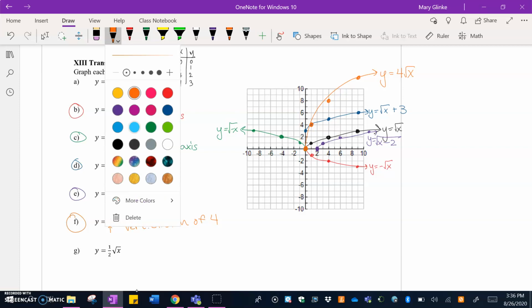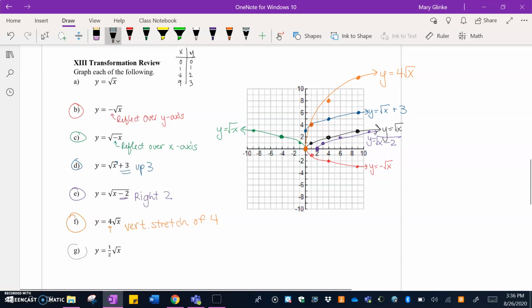And then our last one here, the 1/2 is still the same idea, but it's a vertical compression of 1/2. And so 0, 0 stays the same. 1, 1, your height here gets shrunk in half. 4, 2, the height gets shrunk in half, so it's at 1. And again with the next one.